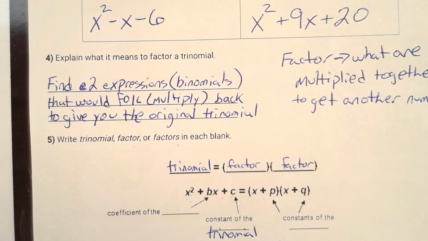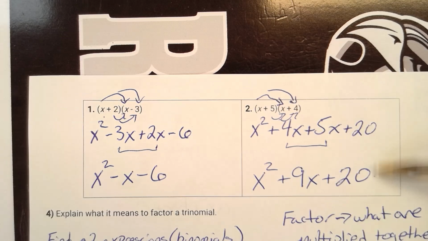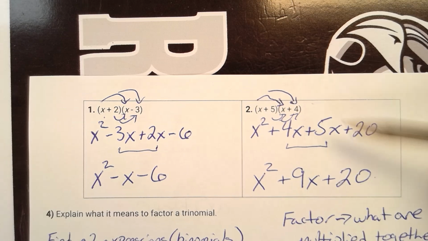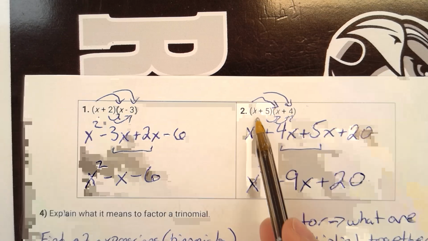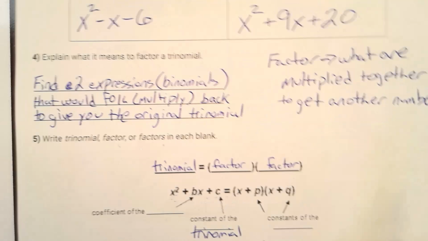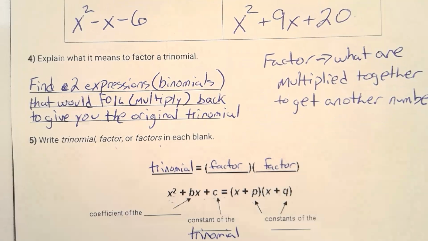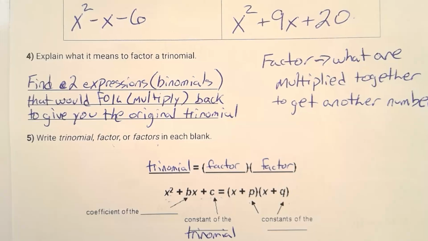Okay, and if you look back up at the top here, we FOILed, but if you go backwards from here to here, we're going to have something that looks very similar to this. So then, when you're back here looking just at letters, P and Q are constants of the, we're still looking at these three. All right, we're talking about the 5 and the 4.